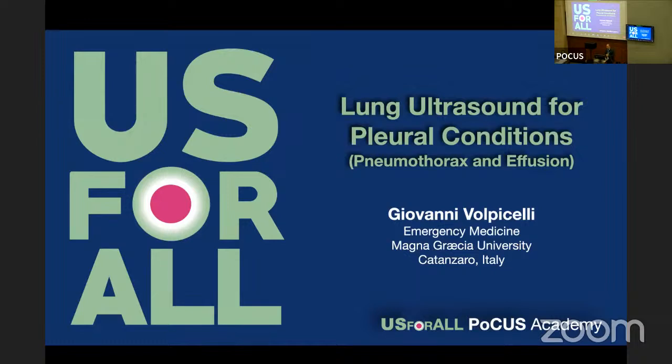Almost never. Again, it depends on the patient. If you have all the information you need to interpret the discrepancy between chest X-ray and lung ultrasound, there is no need to perform a CT scan.